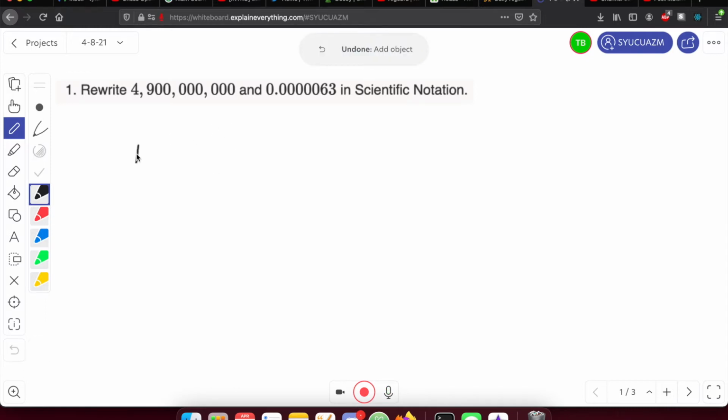We have 4, 9, and then zeros, sorry, 3 zeros there. Hard to keep track. We can rewrite this as 4.9 because we're just going to take the first couple of digits, and the only two significant digits are 4 and 9.